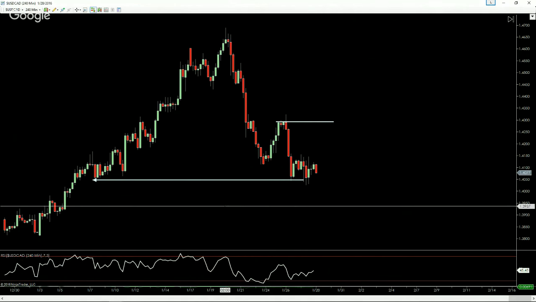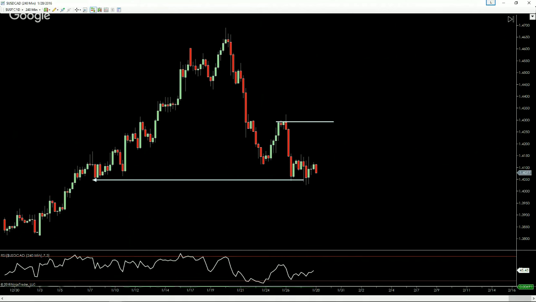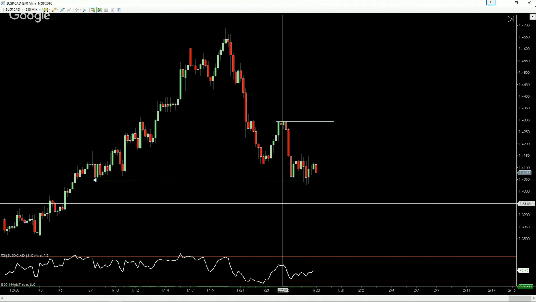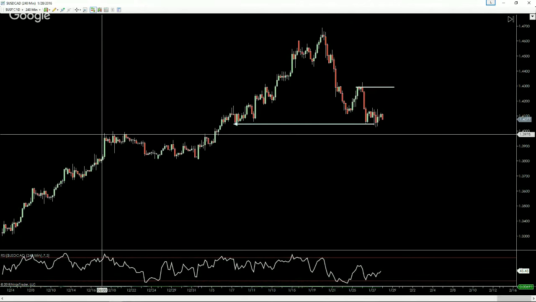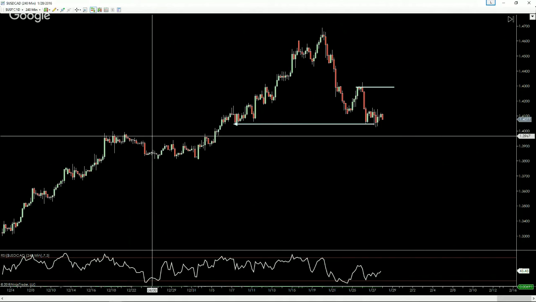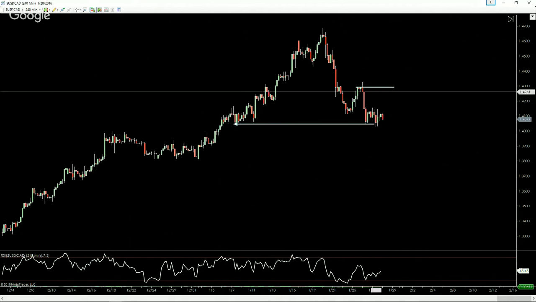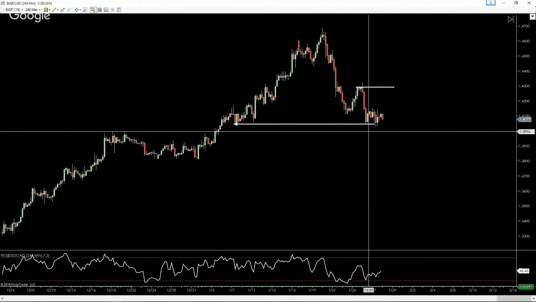Now just be mindful. This is our daily structure level right here, so you want to be careful of that. The risk reward on this opportunity is pretty good.